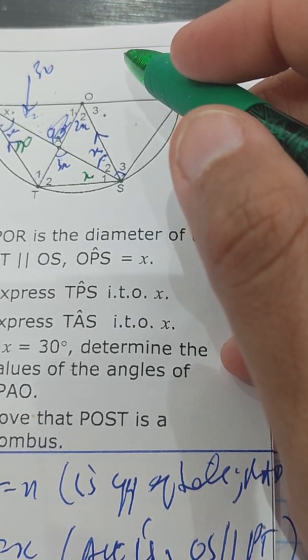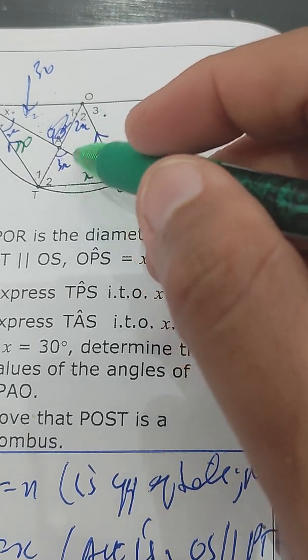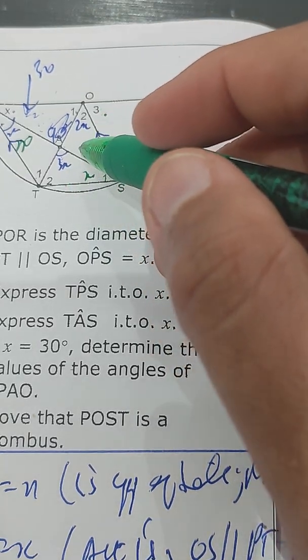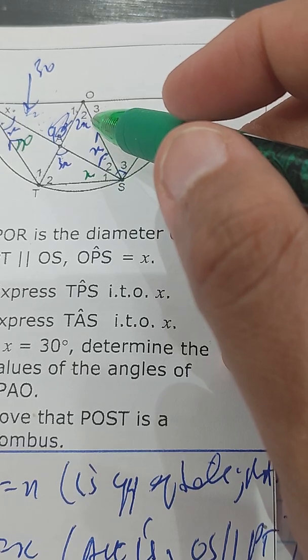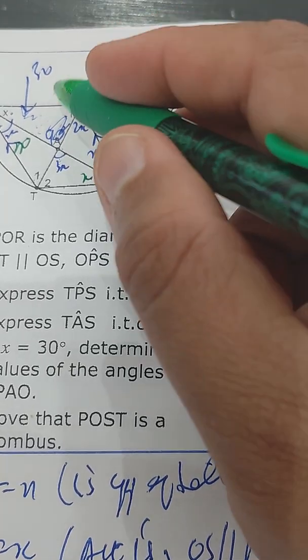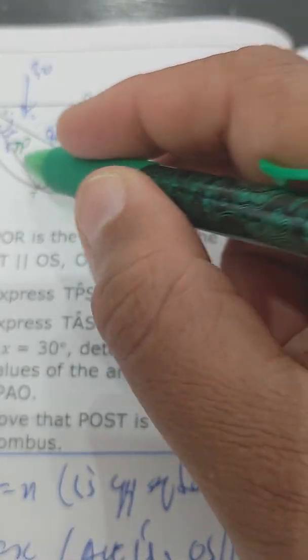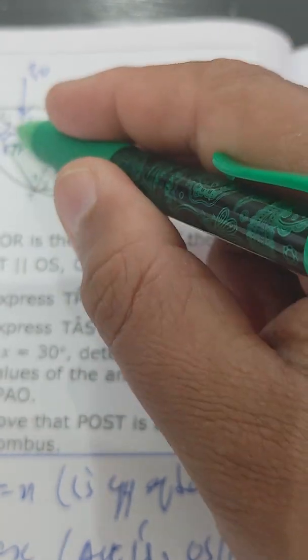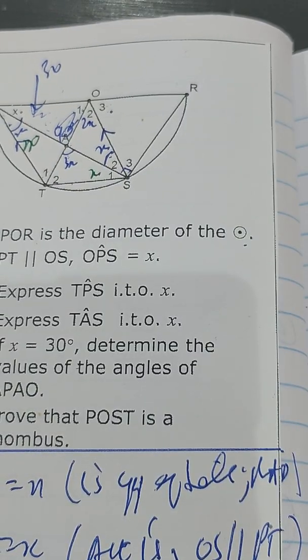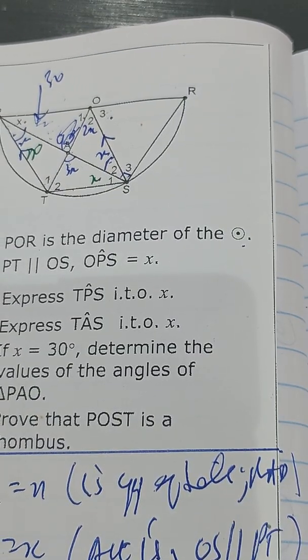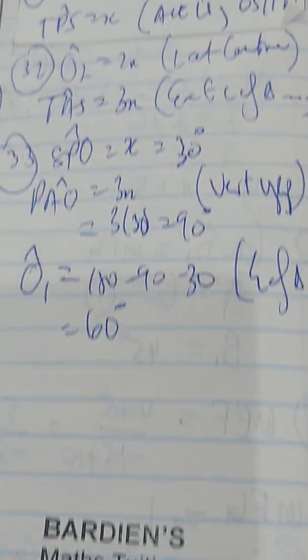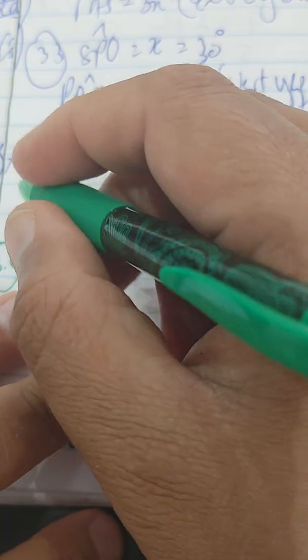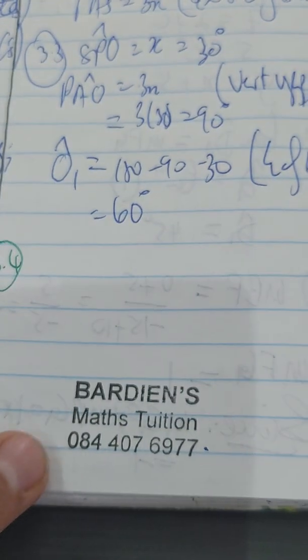So those lengths must be equal as well, and the vertex angle is being bisected. So it's a long process, but let me just check if there's an easier way.